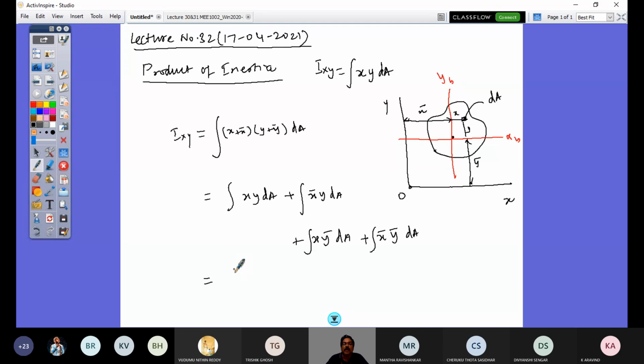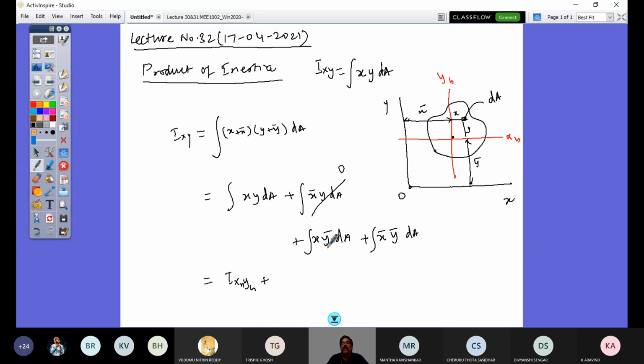So I would write that as Ixg yg, plus, look at here, x bar into y dA. So x bar is constant for this section to define its centroid. If I take it out, it is integral y dA. What is integral y dA? It is the first moment about its centroidal axis. So the first moment of a section about the centroidal axis is 0. So this term is going to be 0.